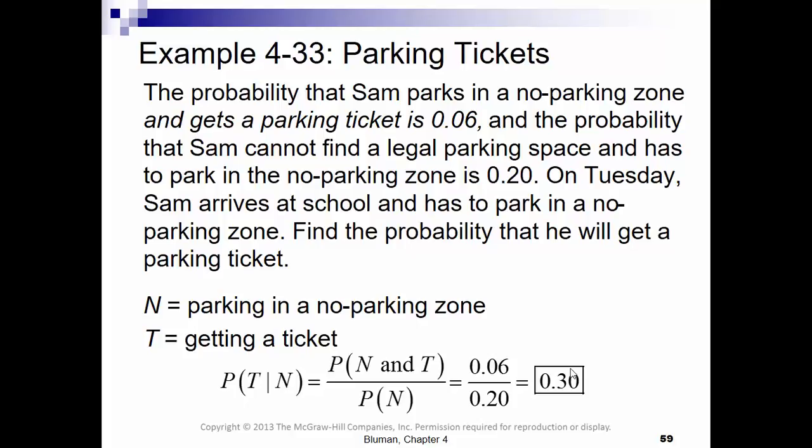The probability that Sam cannot find a legal parking space and has to park in a no parking zone is 0.2. So that's the probability that he's parked where he shouldn't be. That's the 0.2. So then the probability that he'll get a ticket given that he parked in a no parking zone is 0.3. It's 0.06 divided by 0.2.